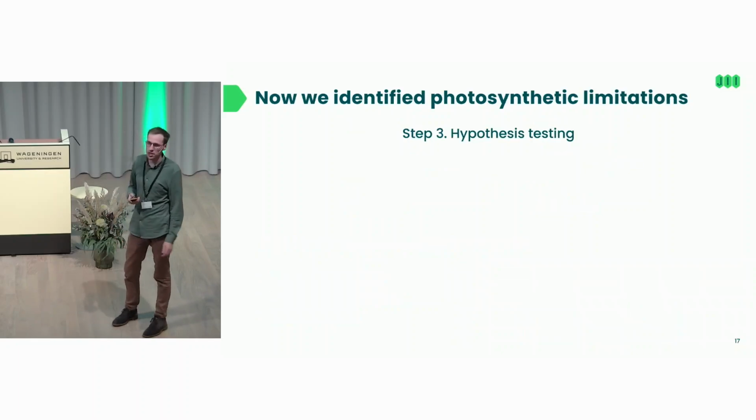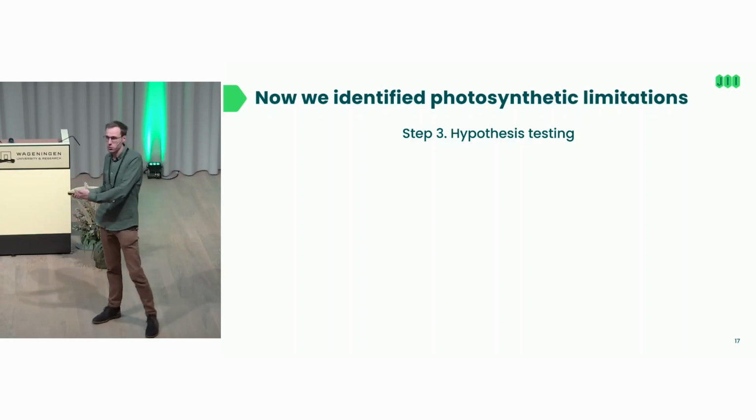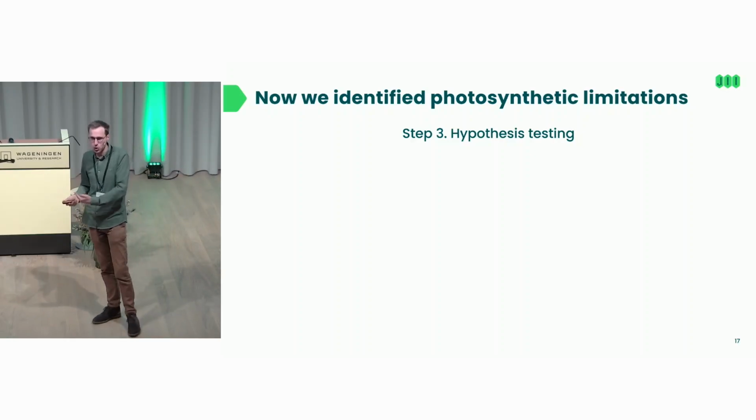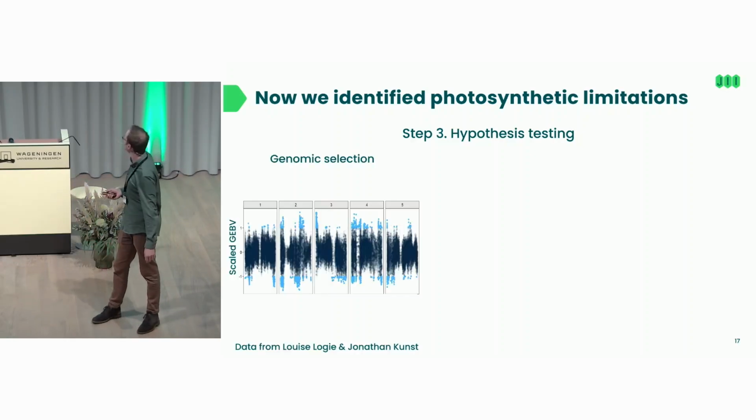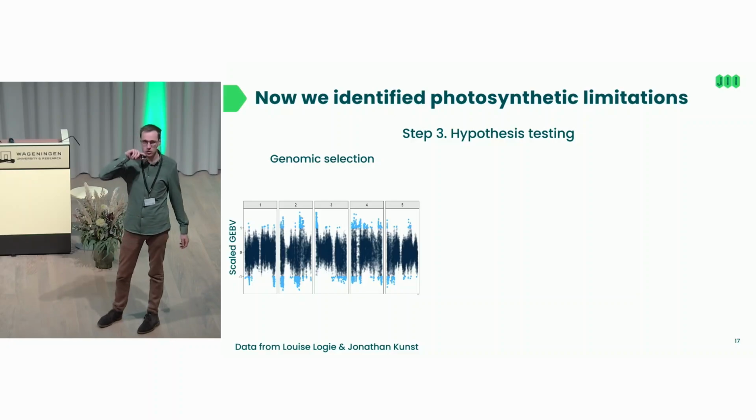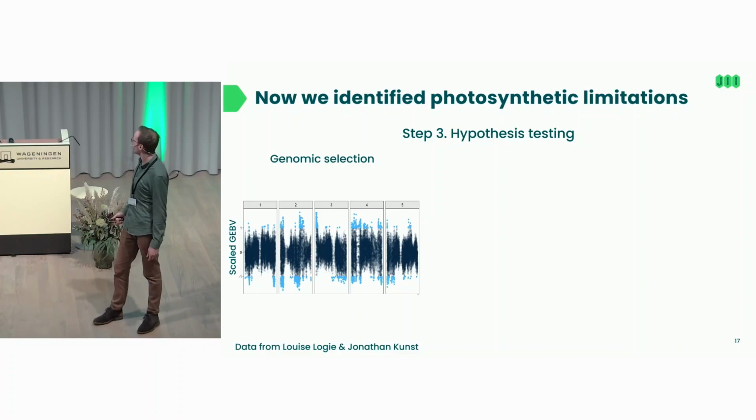And that's a nice step, because that brings us to the third step, because we've now identified a photosynthetic limitation, but that's just a hypothesis, right? Because we don't know whether this is true until we start testing this. And this is where genomic selection comes in, and this is something that we're exploring together with Louise and Jonathan as well. So there's a lot of this variation. A lot of it is small, and we can now say, okay, maybe these ones are important and other ones aren't.